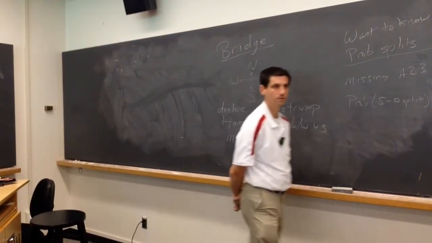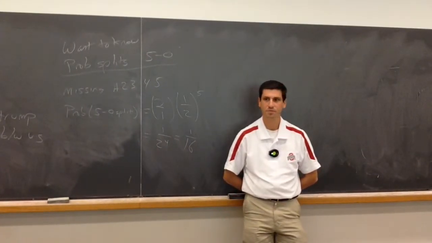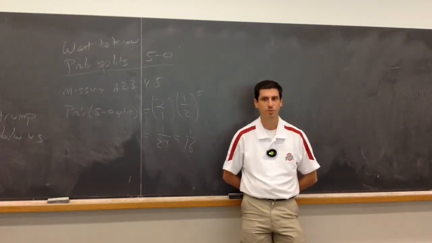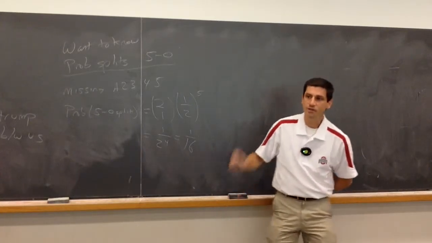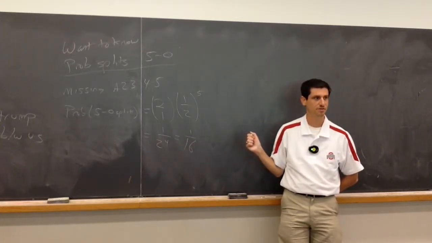Does that seem reasonable? Are there any other ways we could try to calculate the probability of a 5-0 split? Whenever you can calculate something multiple ways, calculate it multiple ways.